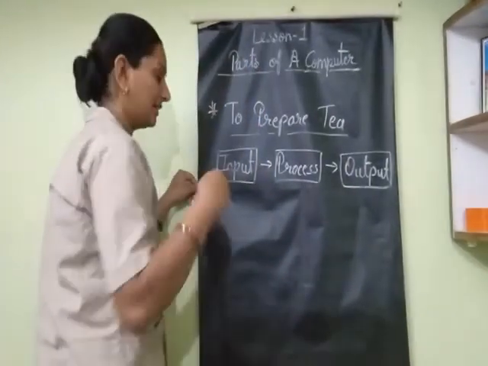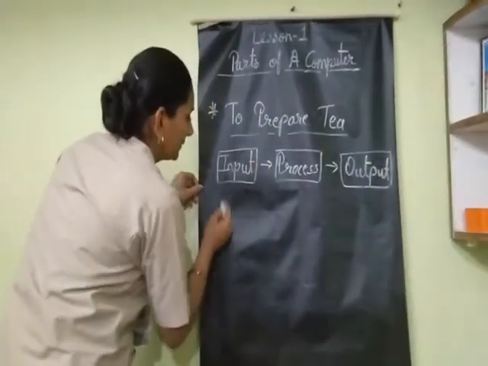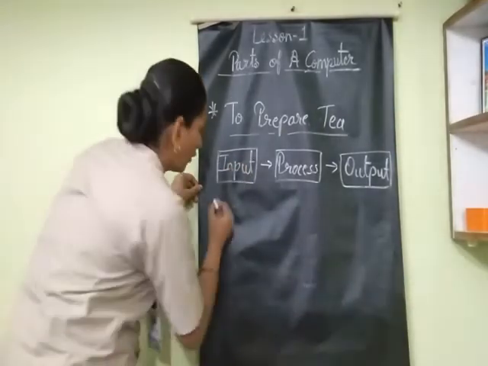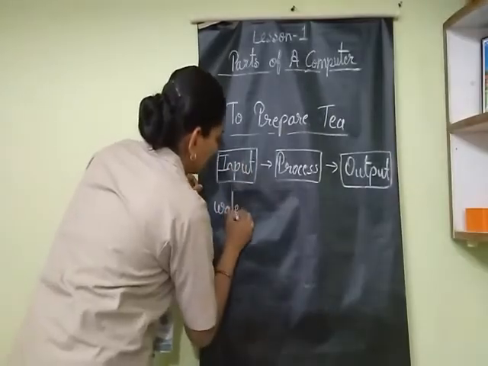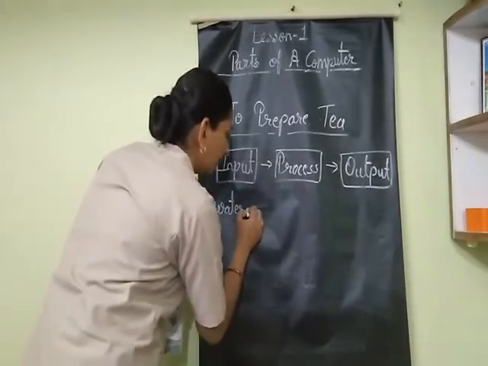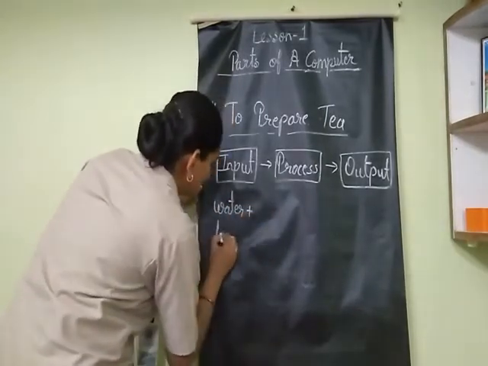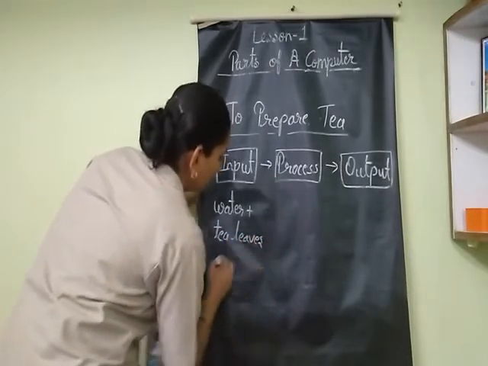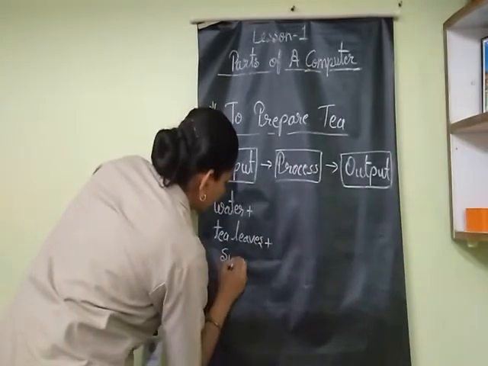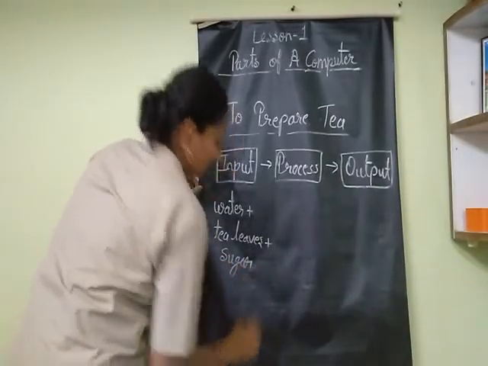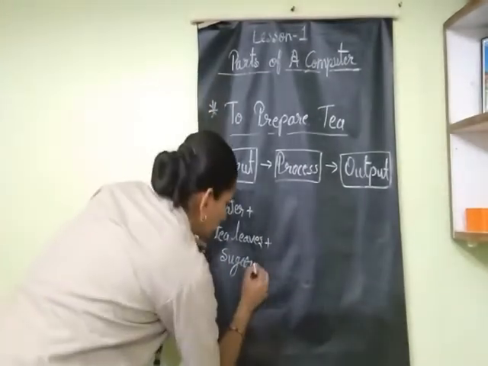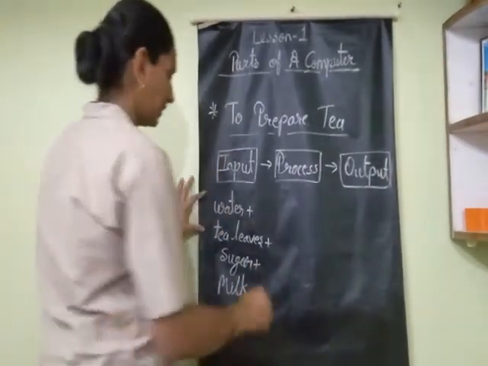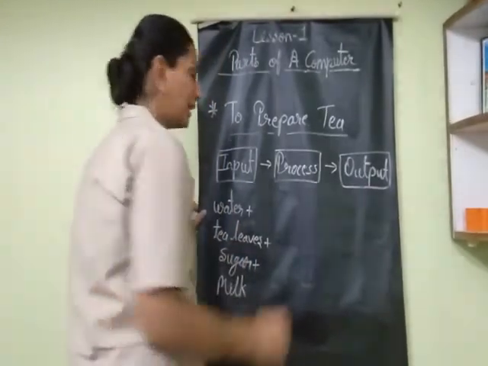How is it possible? Look here. For making tea, we collect water. What do we collect? Water plus tea leaves plus sugar. Okay, and also milk. And milk also. Okay.